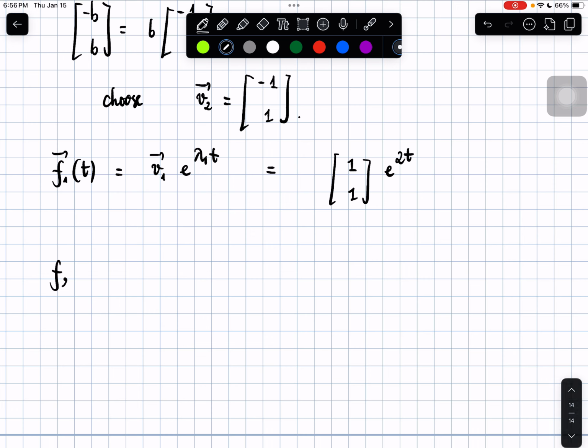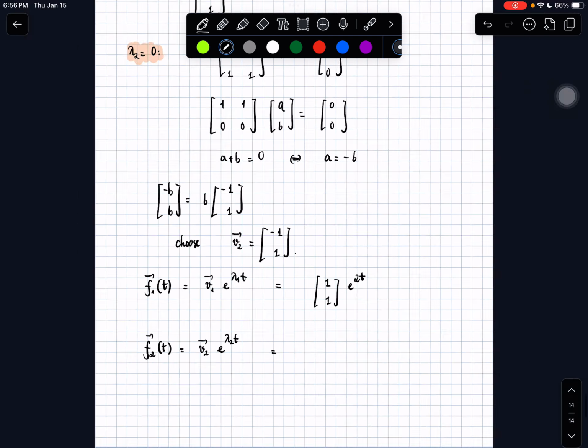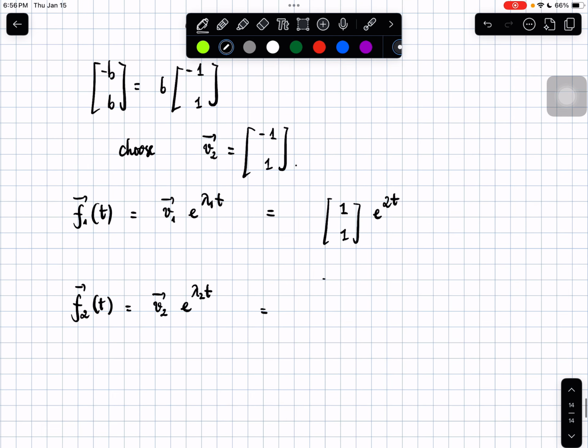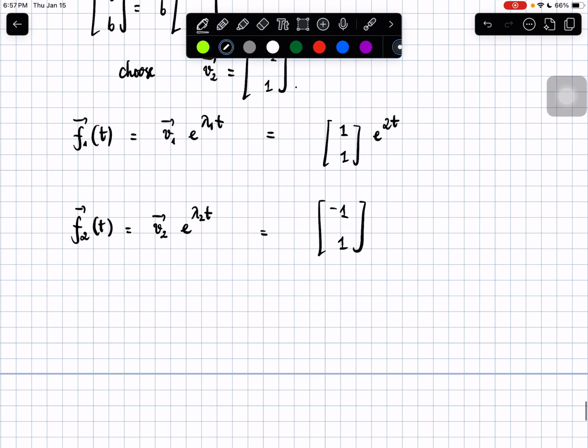The second one, v2 e to the lambda 2 t. In our case, lambda 2 is 0, so we have just v2, (minus 1, 1), times e to the 0, which is 1.